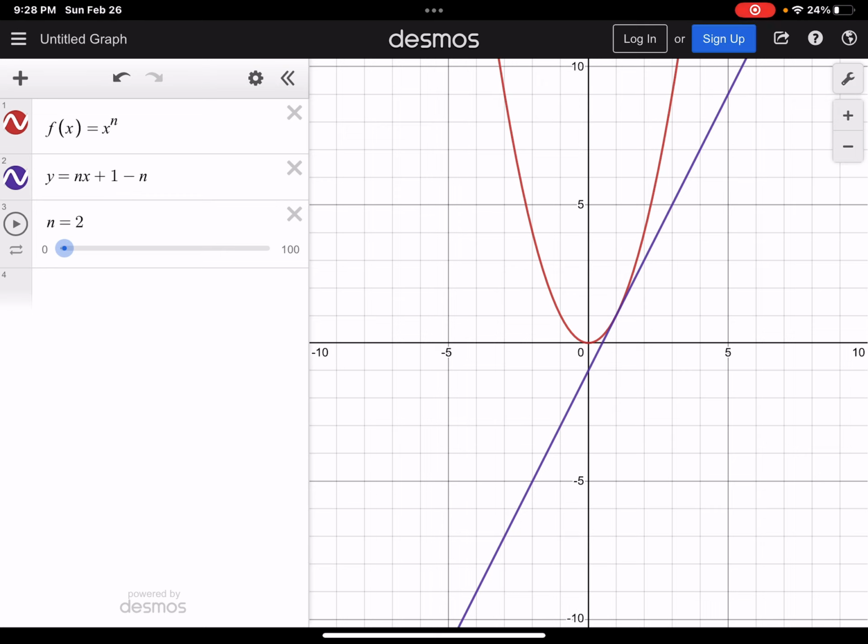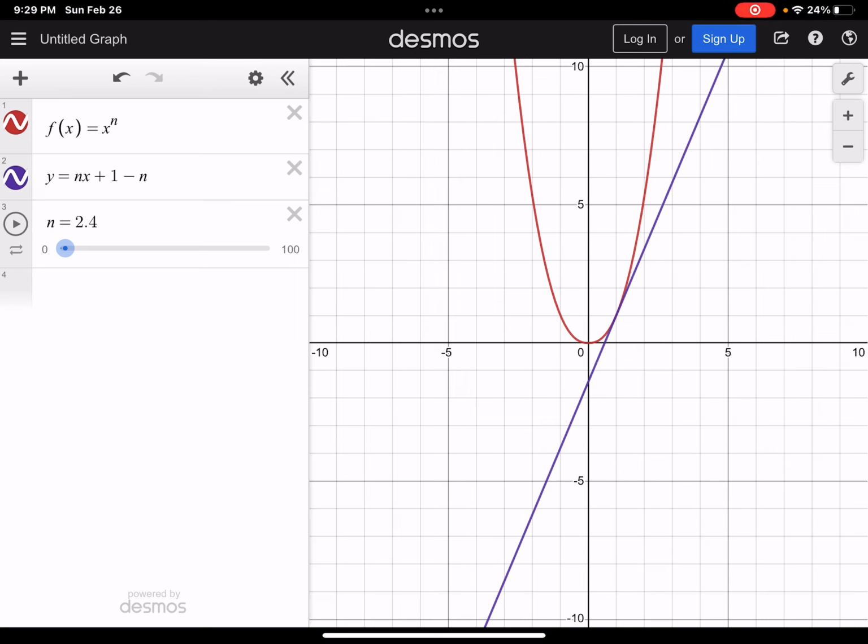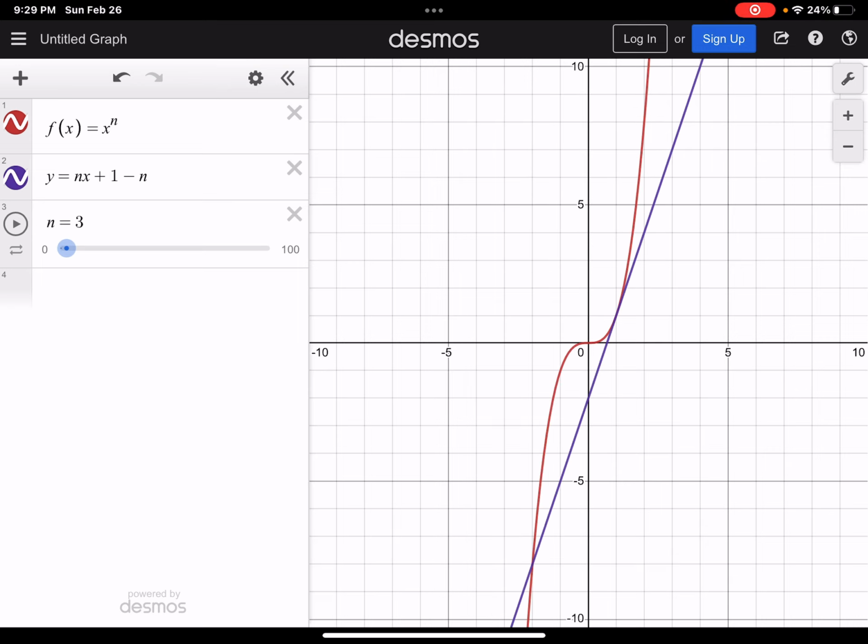As you can see, here is a tangent line drawn at (1, 1). The x-intercept of it is at 0.5. I'm going to make n equal to 3. Now we have a cubic function. Here is the tangent line at (1, 1), and you see that the x-intercept is at 0.667.